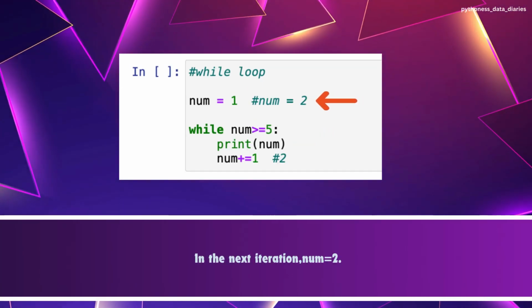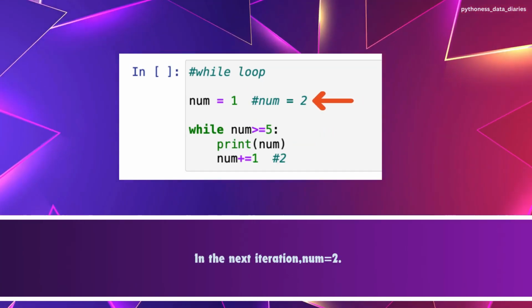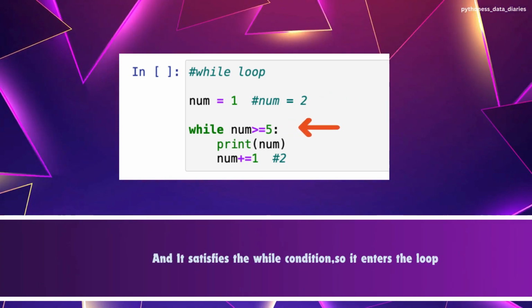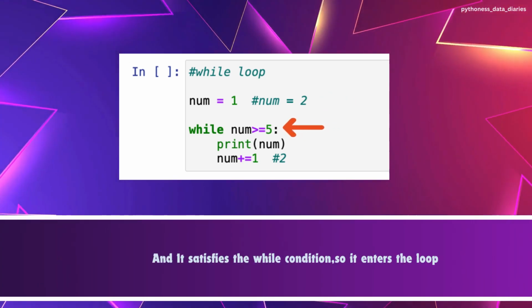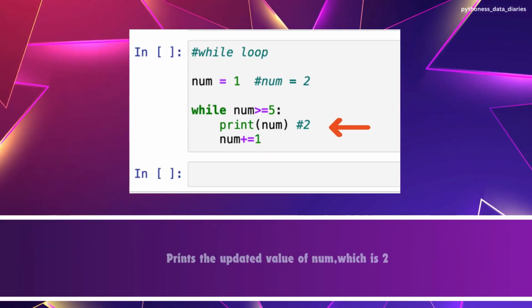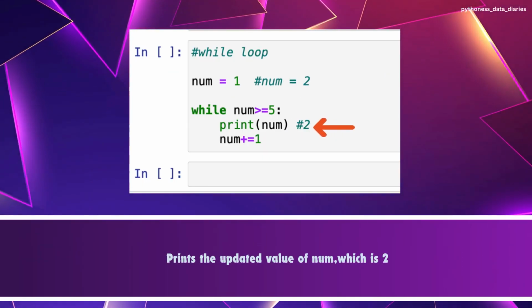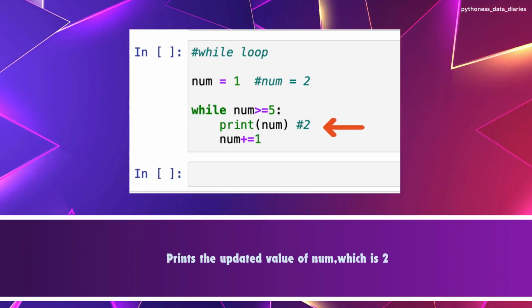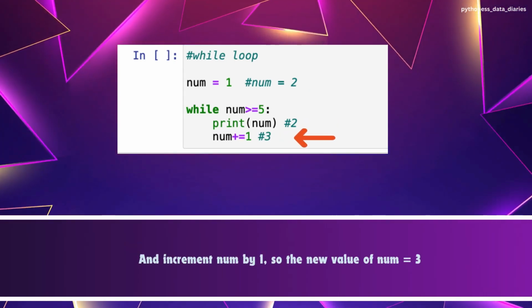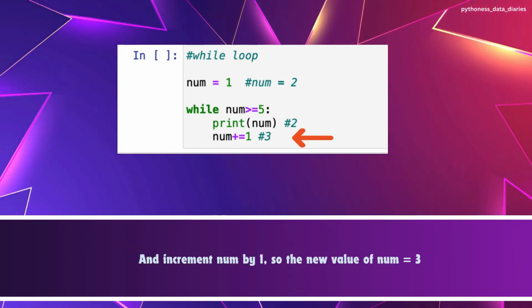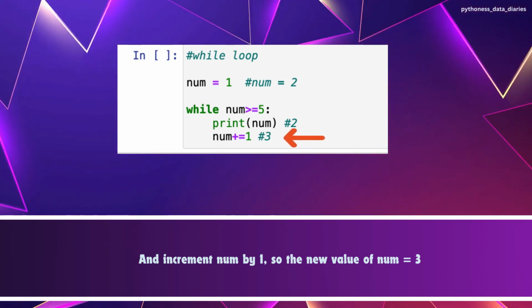In the next iteration, num equals 2, and it satisfies the while condition, so it enters the loop. It prints the updated value of num, which is 2, and increments num by 1, so the new value of num equals 3.